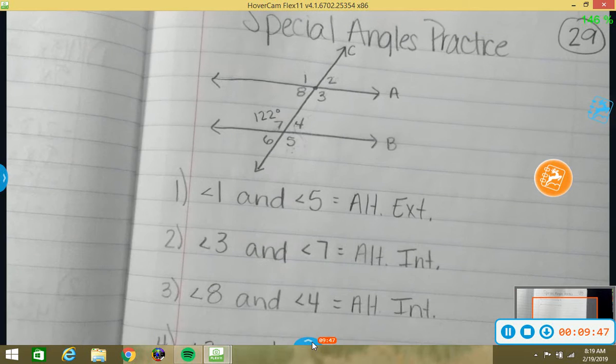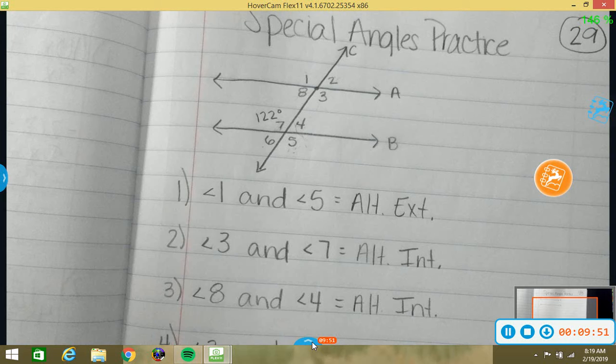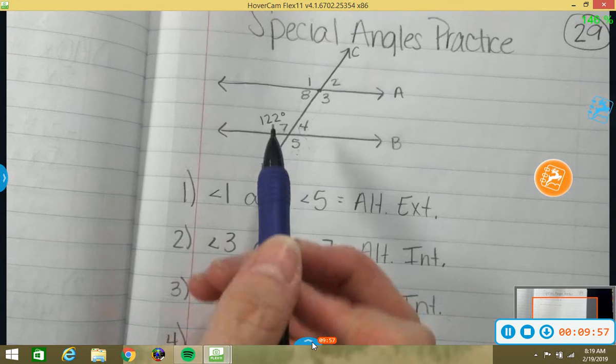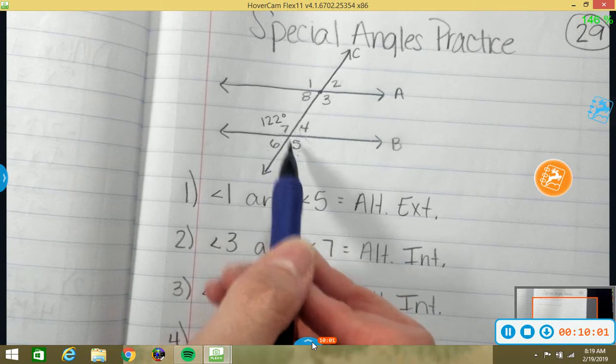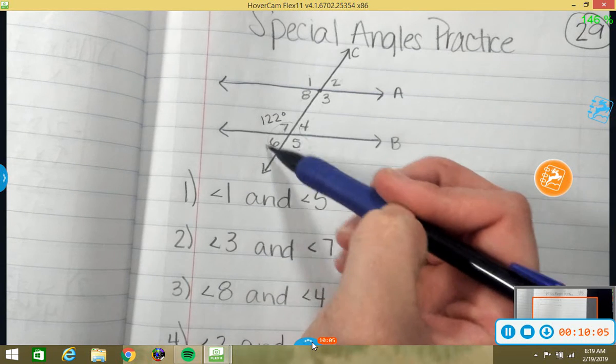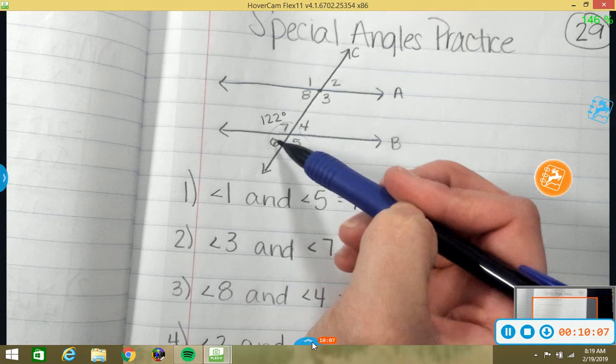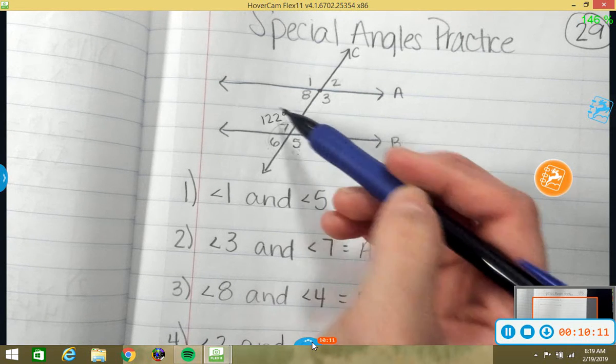So how am I going to find, let's just say, angle 6? How would I find out what angle 6 is? You subtract angle 5 from 180. Okay, do I have to do angle 5? No, you can also do angle 7. What are angles 5 and 7? 122. So I can either use this line and say, okay, well, angle 6 is going to be 180 minus what angle 7 is.